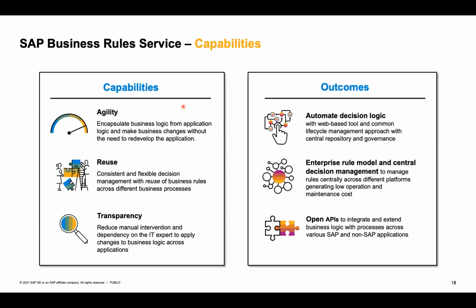In our case, we would deploy the rule into the cloud runtime, but it's even possible to deploy rules from the business rule service back into, for example, an S4 system, and then execute the rules via the business rule framework there. That's a capability.